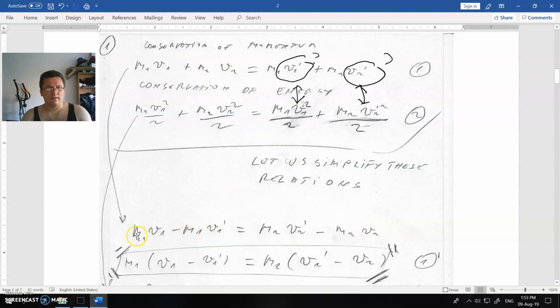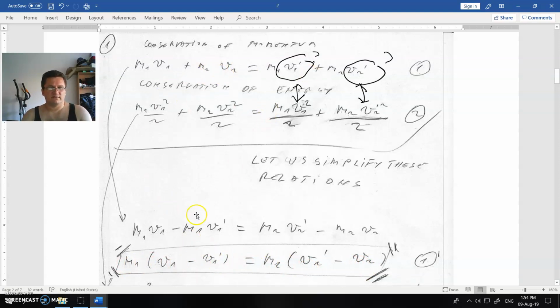Now we draw in front of the brackets m1, and inside we have v1 minus v1 prime, and m2 times v2 prime minus v2. This is the other way of saying these things. It's the same, it doesn't matter.